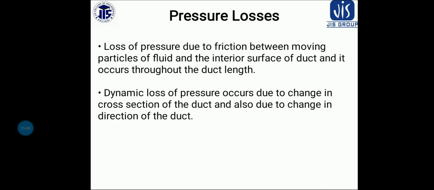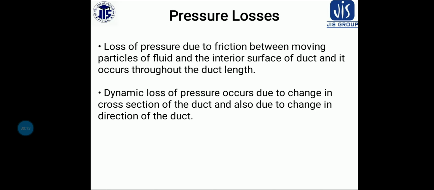The shape should be square, so that less surface area will be required for the same cross sectional area, and the rectangular section should be sized to have low aspect ratio. The aspect ratio in any case should not exceed 4 to 1.